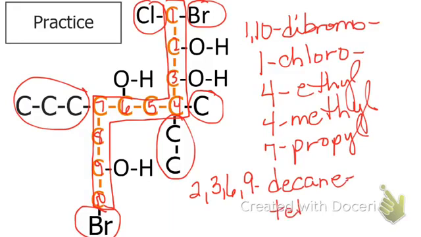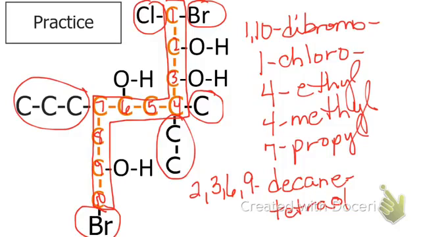Tetra, all. So 1,10 dibromo, 1 chloro, 4 ethyl, 4 methyl, 7 propyl, 2, 3, 6, 9 decane tetraol.